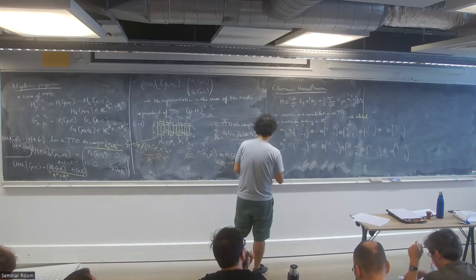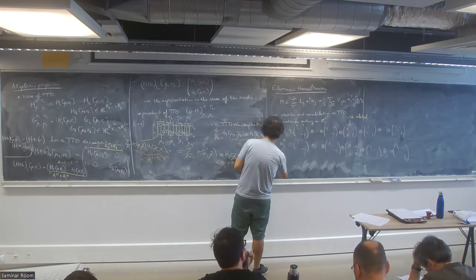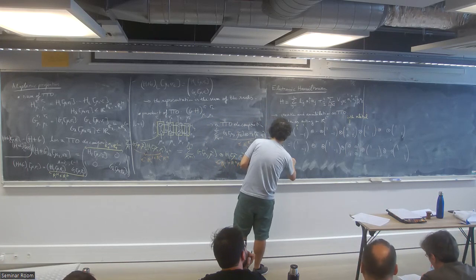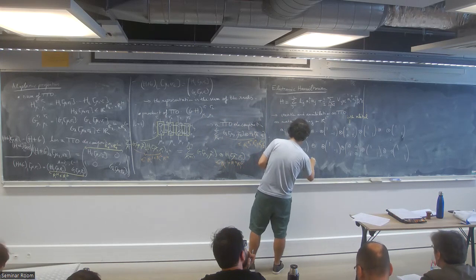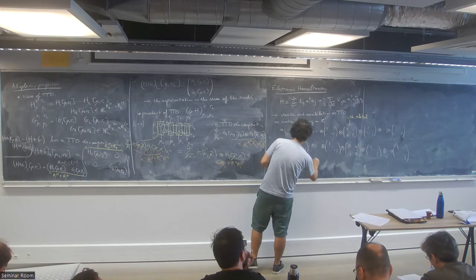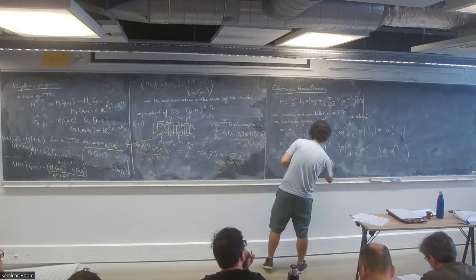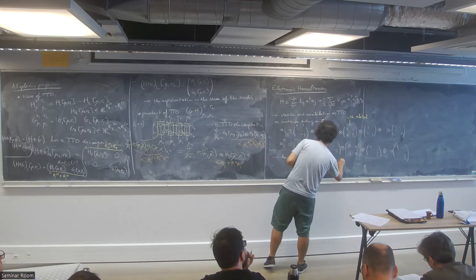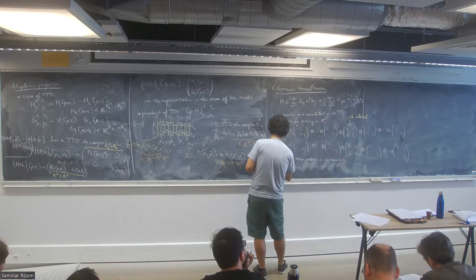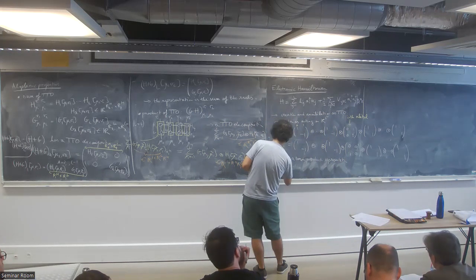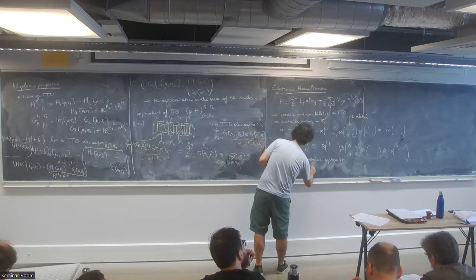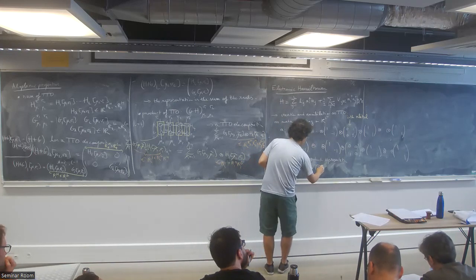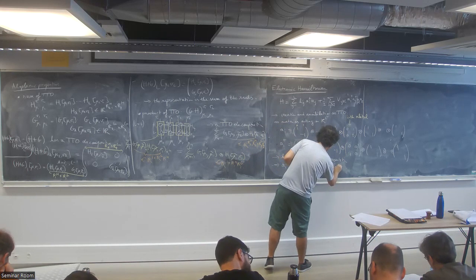So here we have a tensor product representation. This means that AI and AI dagger have a TTO representation of rank 1.